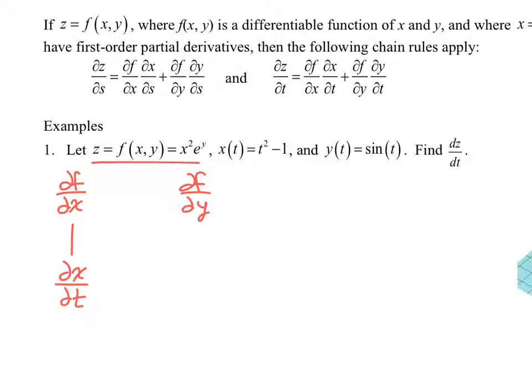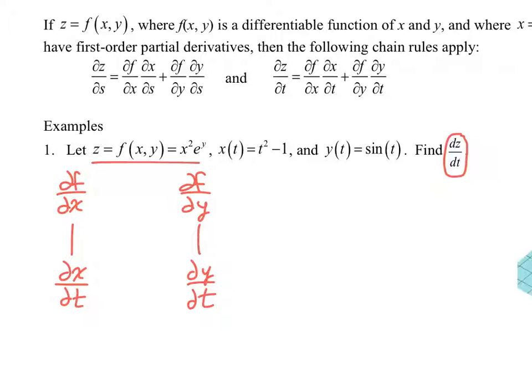Now, if I take the first order partial with respect to y, the next part of the process would be to take the derivative of y with respect to t. Those two pathways are going to amount to the derivative of z, which again, z and f are interchangeable, with respect to t.